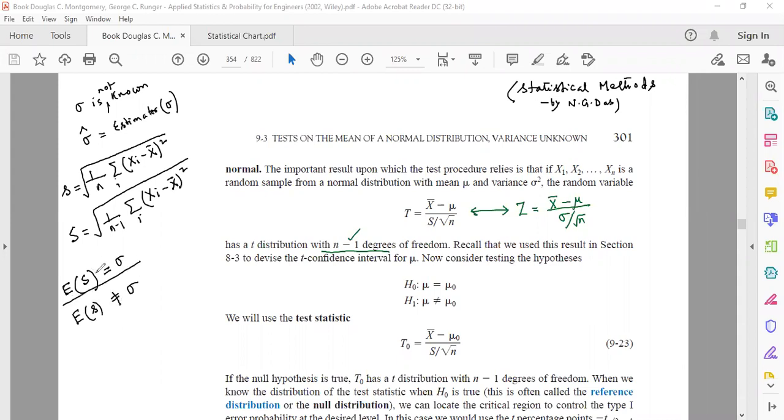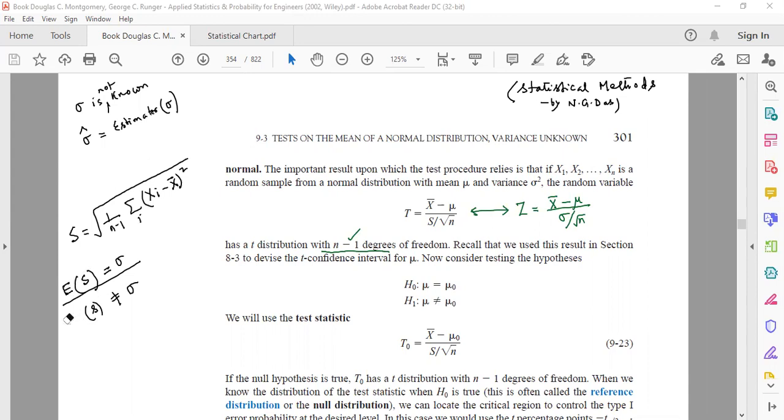So small s is not a good estimator of sigma, but capital S is a good estimator of sigma. Various other books also have this proof. If you do not find it in any book, you can find it on the internet also. The proof is available. The important point is that we have to erase this particular estimator from the picture.